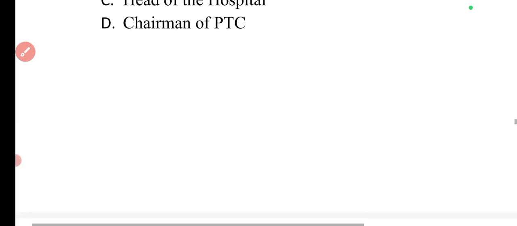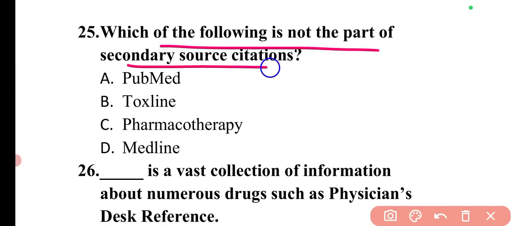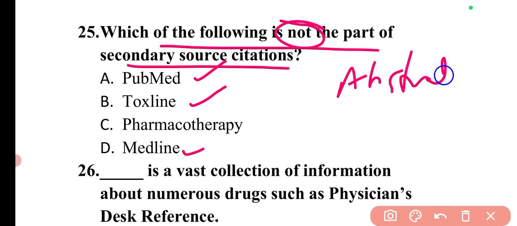Then moving to the next question. The question is, which of the following is not the part of secondary source citation? So here we can see PubMed, ToxLine, Medline. If you have gone through these databases, these basically provide the abstract related information.